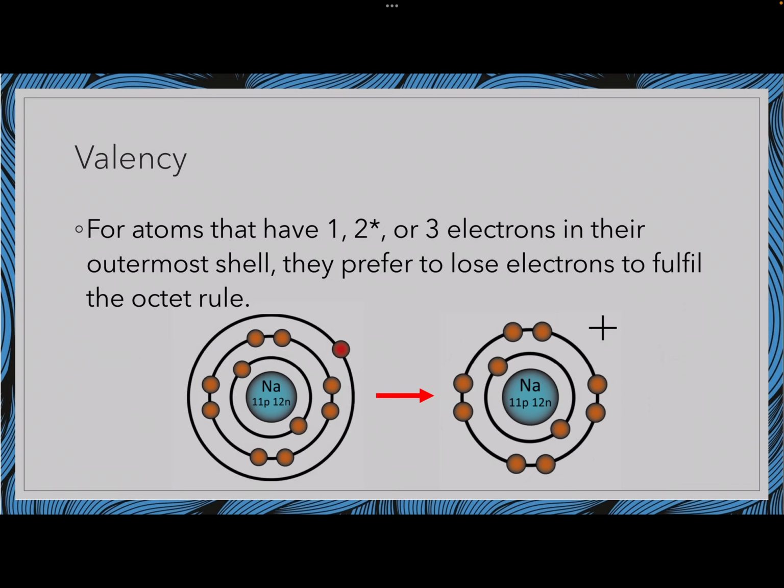So, for example, here we've got sodium. A neutral sodium atom would have 1 electron in its outer shell, so it prefers to lose one. So that's why we get sodium plus. Okay, so you can see on the diagram there, it's lost an electron. It's got a full outer shell now of 8, and so it's fulfilled the octet rule.